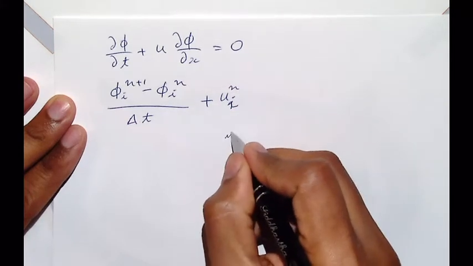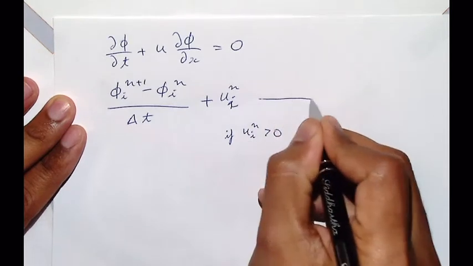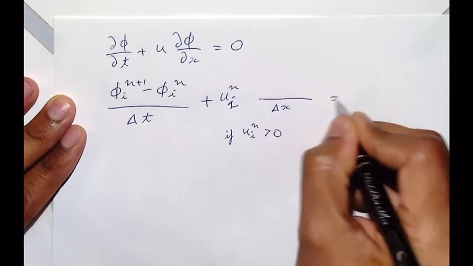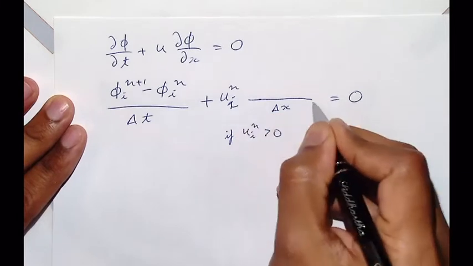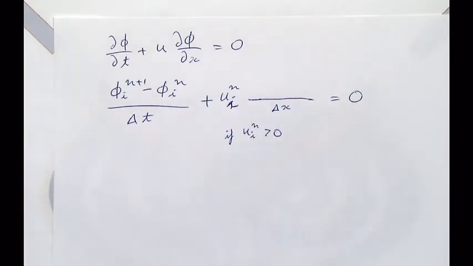And if U I n is greater than 0, what happens here? Do you remember?